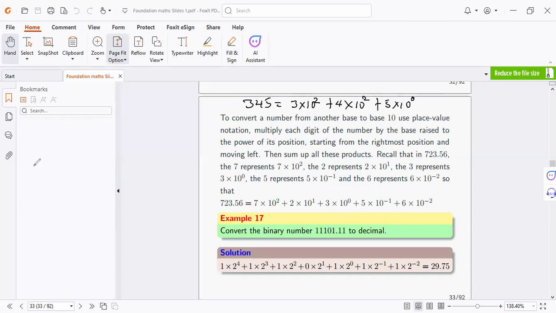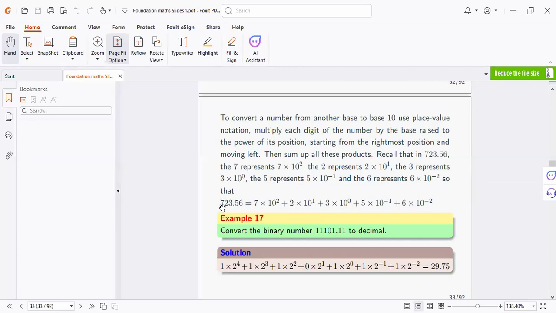So for instance, if I'm given a number, yes. From what you just deleted, the 4 should have a 10 to the power 1. You'd written 2. Yes, I mean, it should be. Oh yeah, look, you can use this example here.